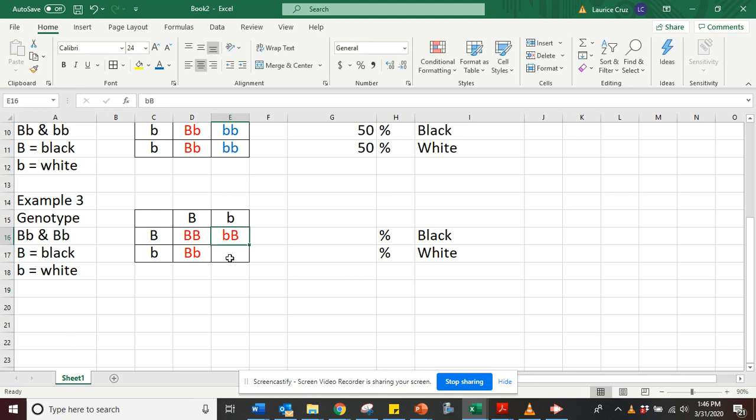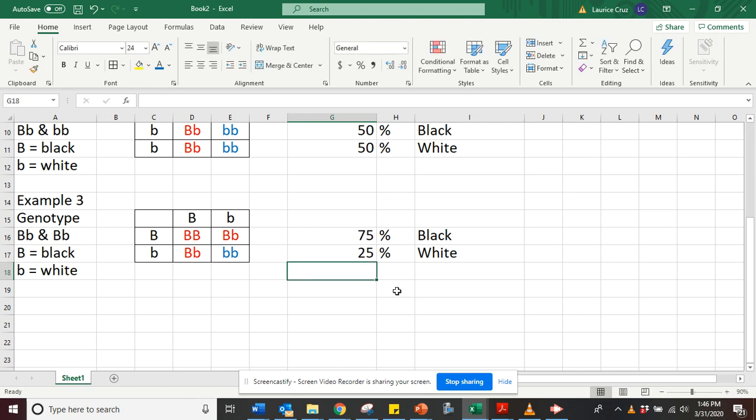Notice here, and maybe they will be surprised, right? Somehow you have three possible offsprings with the dominant gene. So three out of four will be 75%, and then the other one out of four will be 25%.